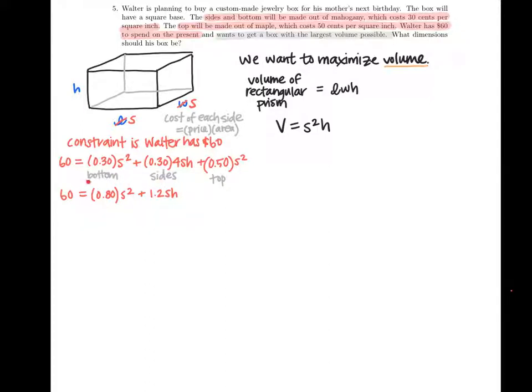So I would much rather solve for H here. And when I look over here, I'm like, oh yeah, I wouldn't have to square anything if I plugged in for H. So we are going to solve for H over here and then plug it back into the volume to update our volume function, move it from a function of 2 variables, which are S and H, into a function of 1 variable, which will just be S because we'll have learned how to express H in terms of S. Let's do that.